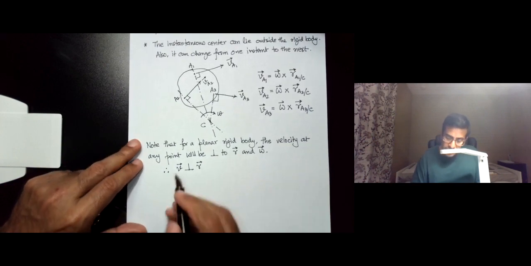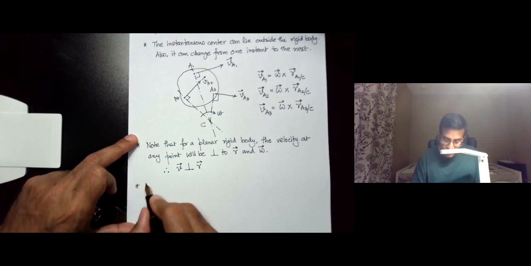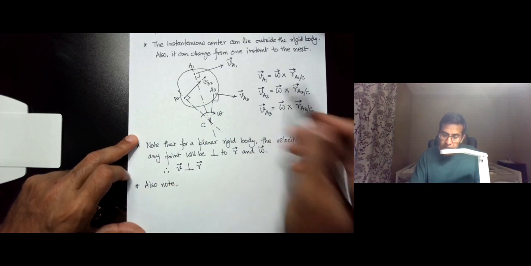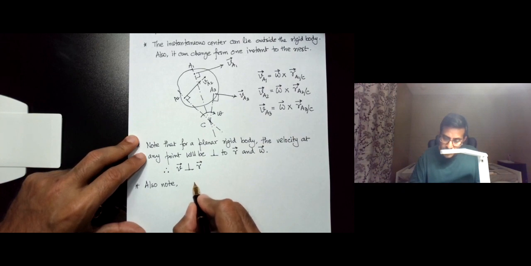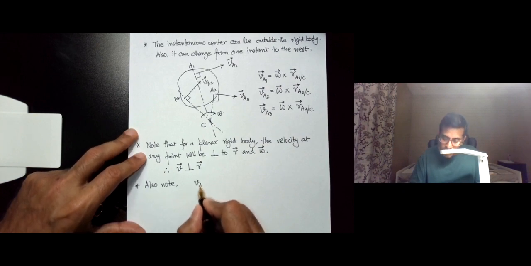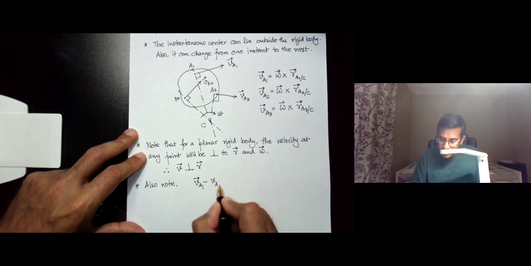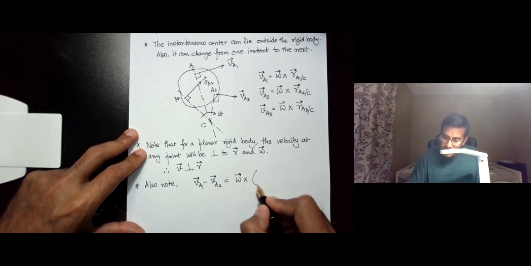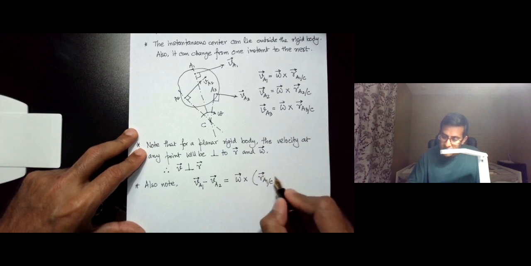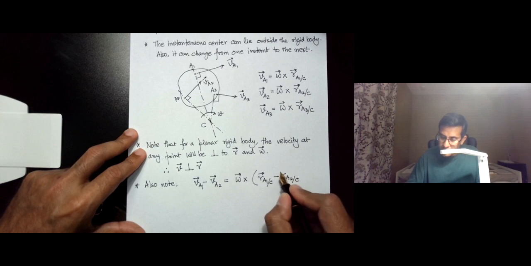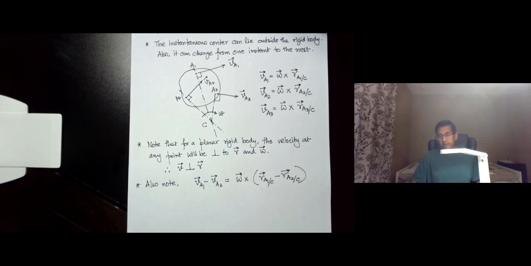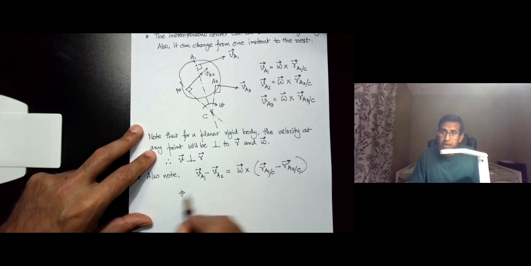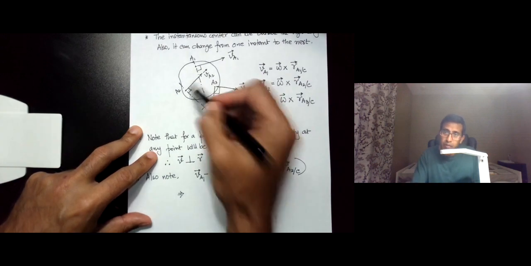Another thing that we note over here is that if I take, for example, the first two equations, and if I do VA1 minus VA2, then on the right hand side I'll have omega cross RA1 with respect to C minus RA2 with respect to C. Now note that VA1 minus VA2 is actually the velocity of A1 with respect to A2.